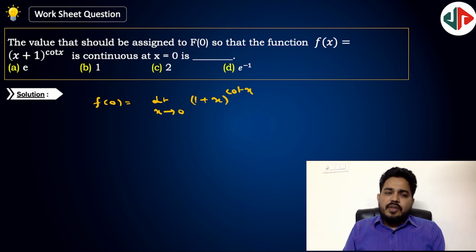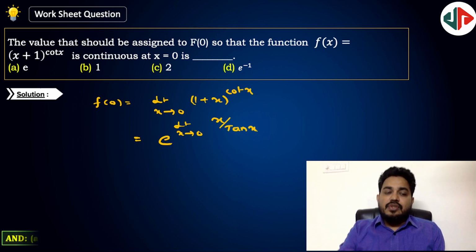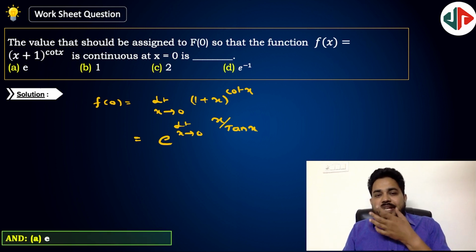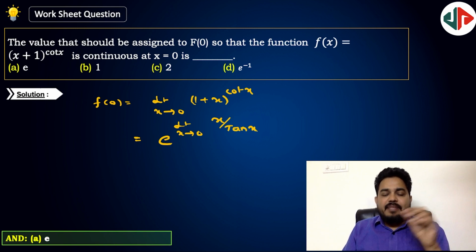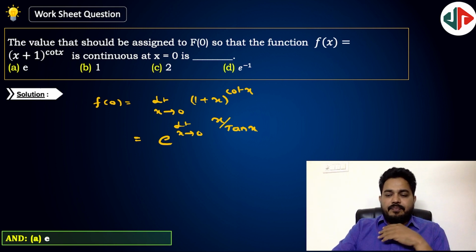So it is 1 to the power of infinity. So you can write e to the power of limit as x tends to 0 of 1 plus x minus 1, so you will get x into cot x. I can write this by tan x. So the answer is equal to e, because the limit as x tends to 0 of x by tan x is equal to 1.